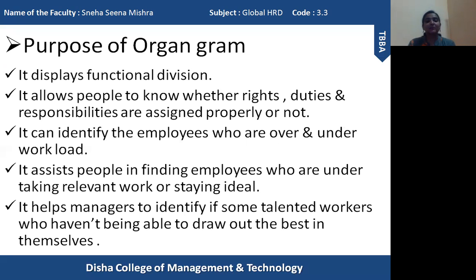Okay. The next one is it assists people in finding employees who are undertaking relevant work or staying idle. Relevant work means according to the duties, whether you're doing your duties or whether you're doing someone else's work.